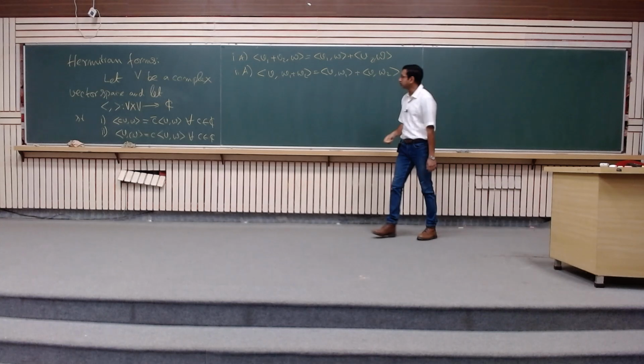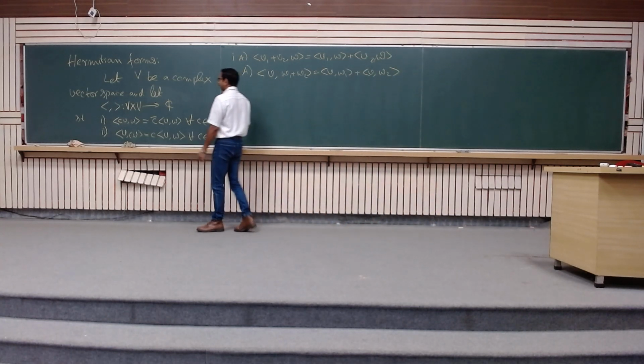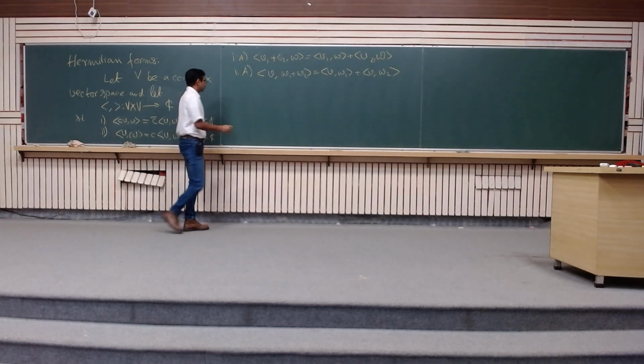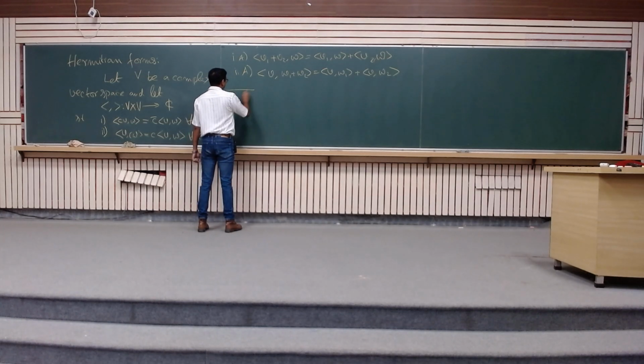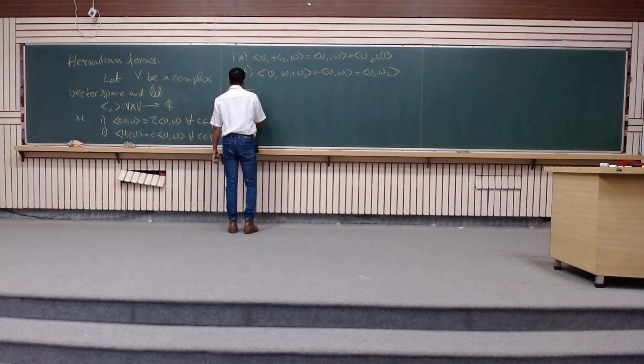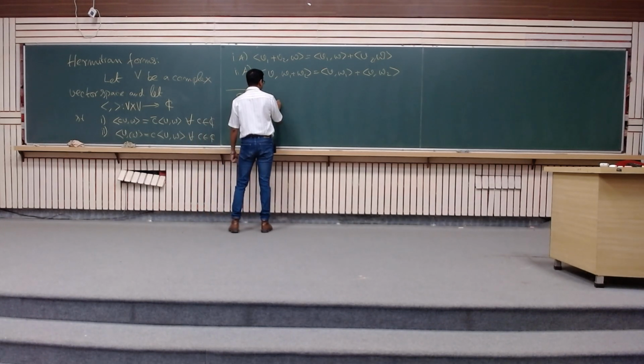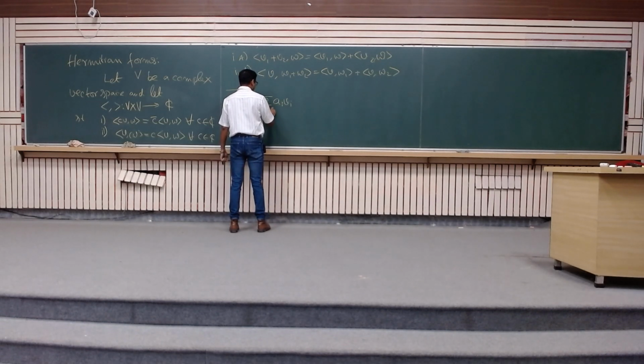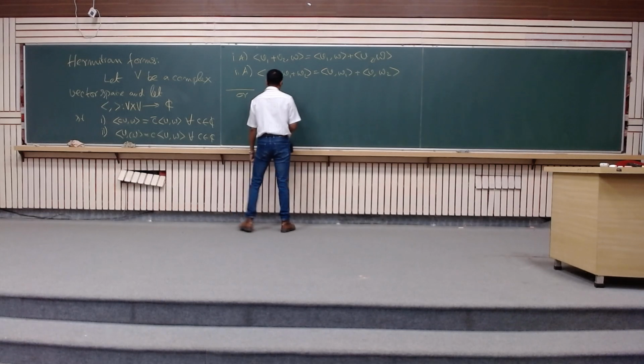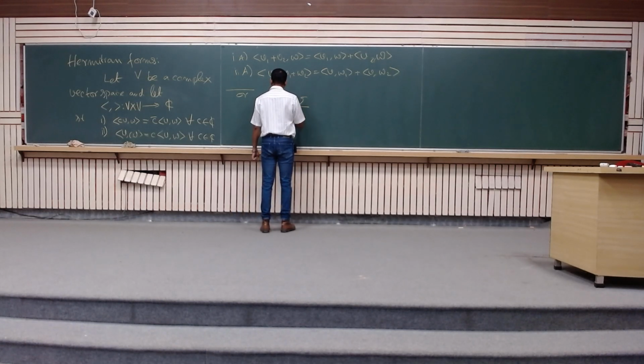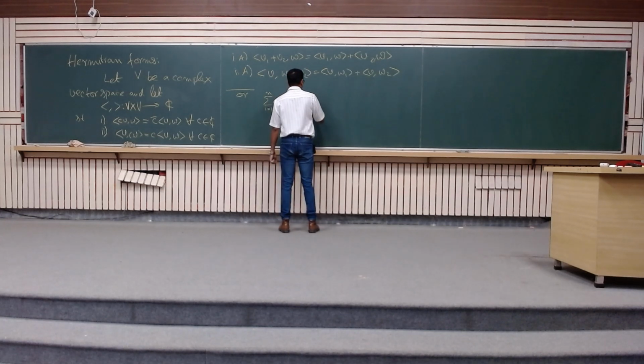So, you can put it together by writing the sum of a_i V_i, i running from 1 to n, some linear combinations, and the sum of b_j W_j, j running from 1 to m.